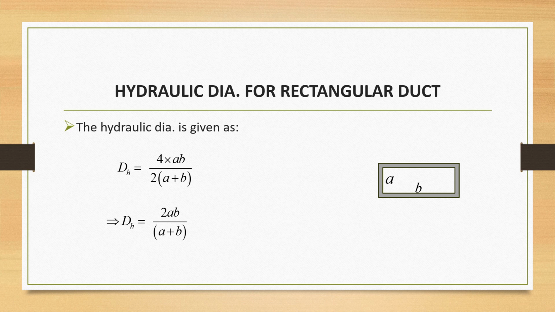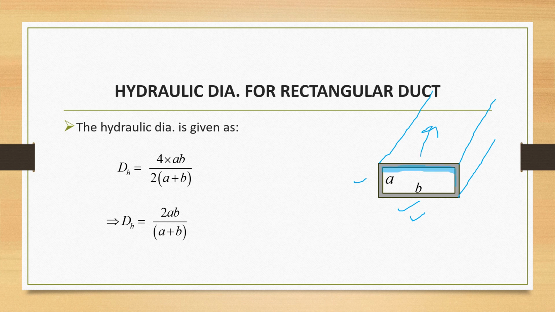Now let's see the hydraulic diameter for a rectangular duct, okay. So this is a rectangular duct, so this is like this, the flow is going in this direction only as in the previous case. So as you can see, this is a rectangular duct. It has a length A and the breadth B. Okay, so for this case also the fluid is occupying the entire space.